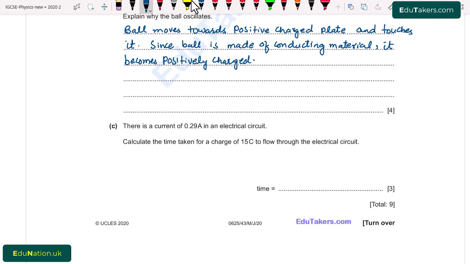Then it will be repelled by the positive charged plate and move towards the negatively charged plate.